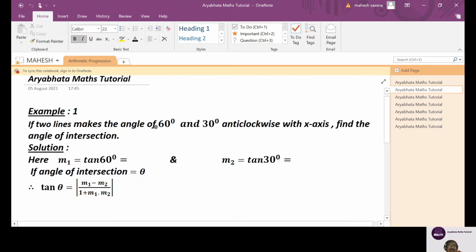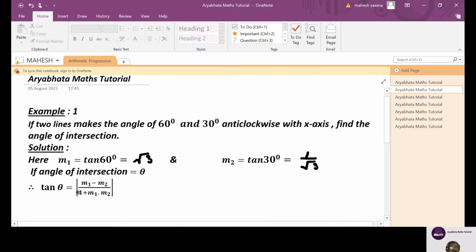If two lines make angles of 60 degree and 30 degree anticlockwise with the axis, then find the angle of intersection. Here m1 is equal to tan 60, that is root 3, and m2 is equal to tan 30, that is 1 upon root 3.